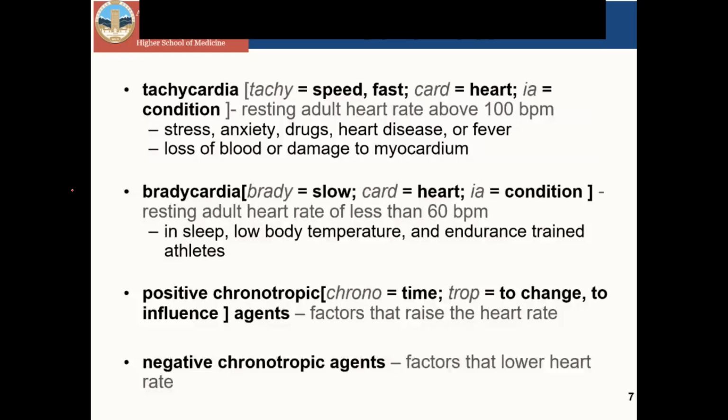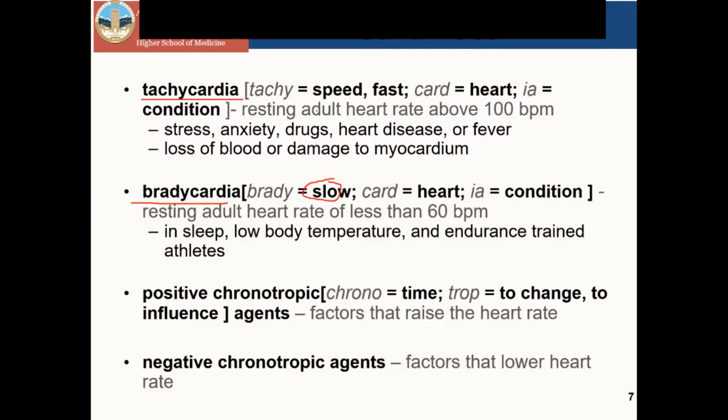Now we have two terms, tachycardia and bradycardia. Maybe you heard about it before. It's from Latin. Tachy means speed or faster, and card means heart. It means a fast heart condition in English, tachycardia. And oppositely, bradycardia is a slow heart condition.